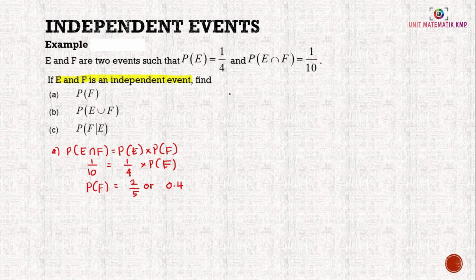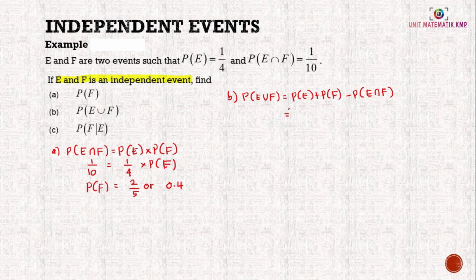Soalan B. We want to find the probability of E union F. So this one kita akan guna addition probability rule, which is PE plus PF minus PE intersect F. So addition probability rule ni kita boleh guna bila-bila lah.